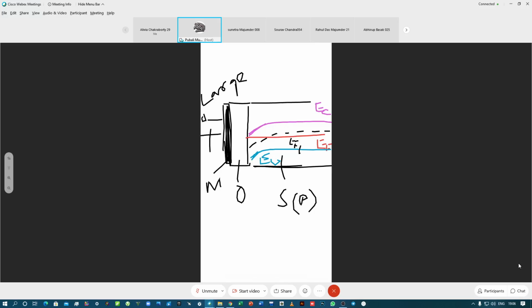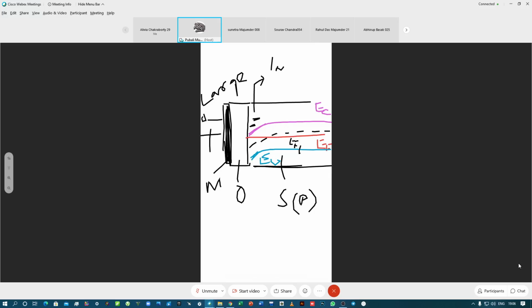And in such a situation, there is accumulation of negative charges. There is a layer of negative charges accumulating near the oxide semiconductor interface, and this is called the inversion layer of electrons.